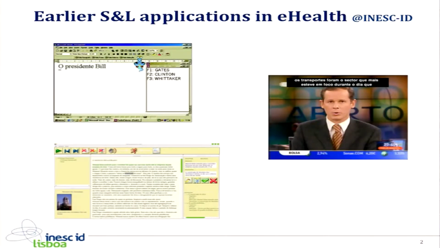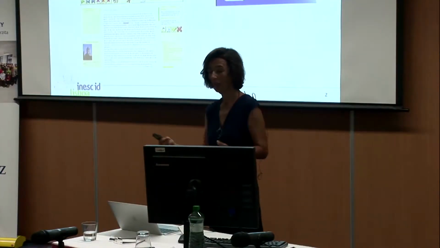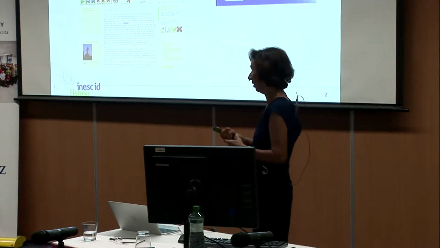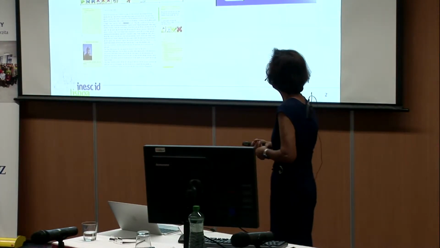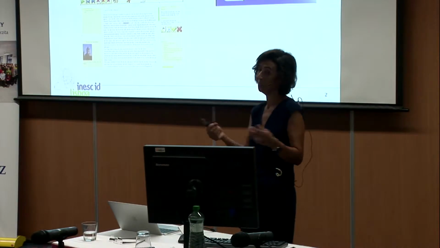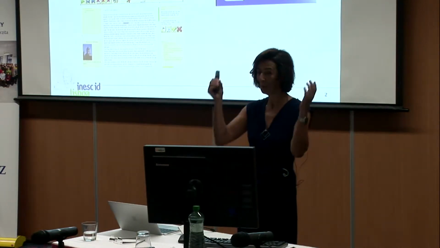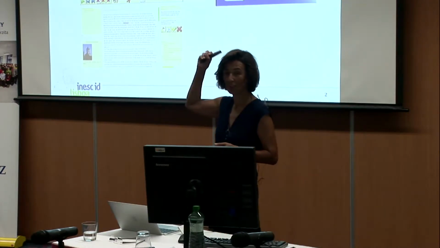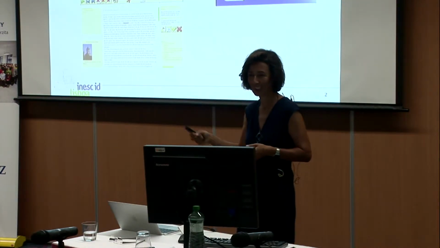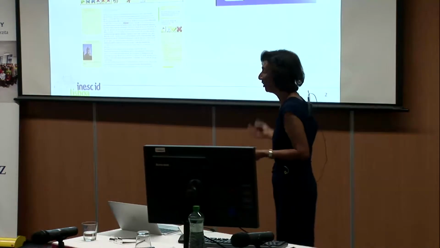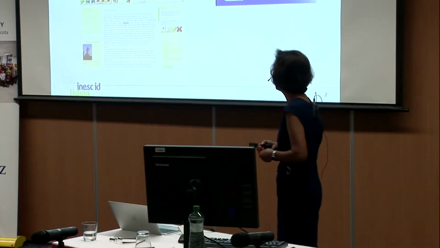Later on, we did ASR for automatic captioning, which was also a very important application for the deaf community. We knew it was not that good, but when we didn't have enough confidence in the result, we just didn't show the caption. And we were one of the earliest ones to do automatic caption for TV.